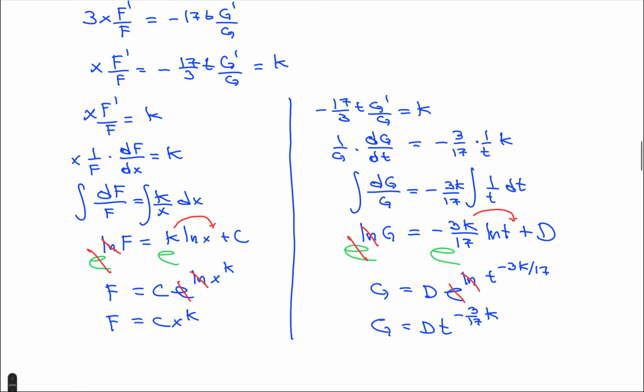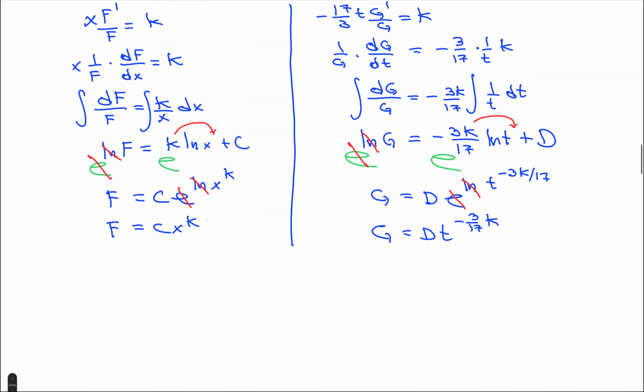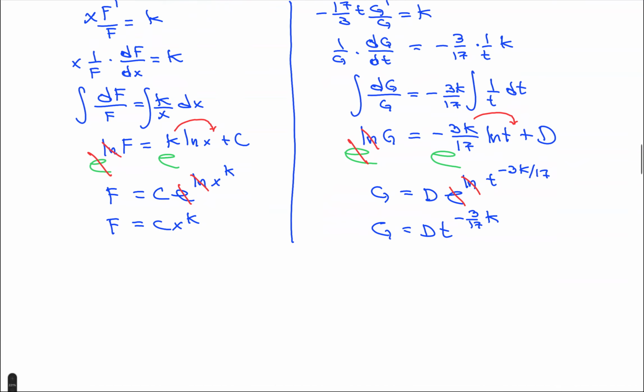And now we have obtained the two solutions whose product is going to be the general solution to the PDE. So that is u of x, t equals the product between f and g, which in this case is c x to the k power times d t to the negative 3 over 17 k.